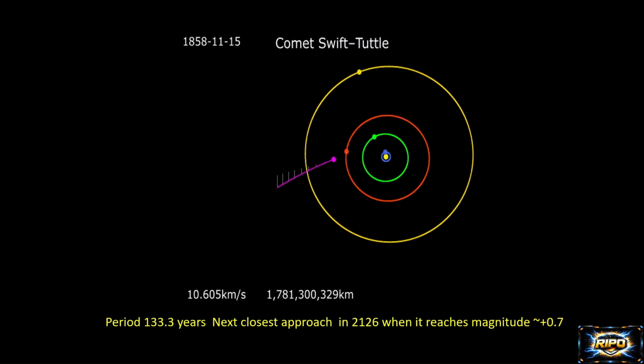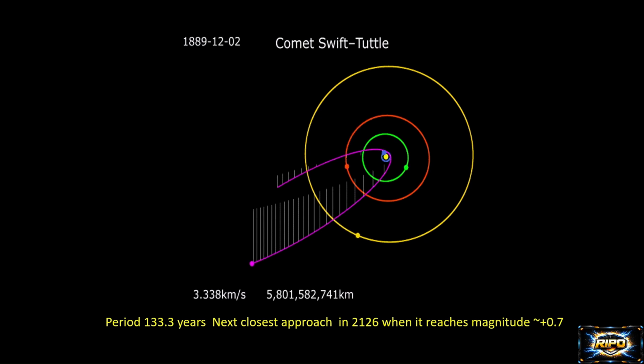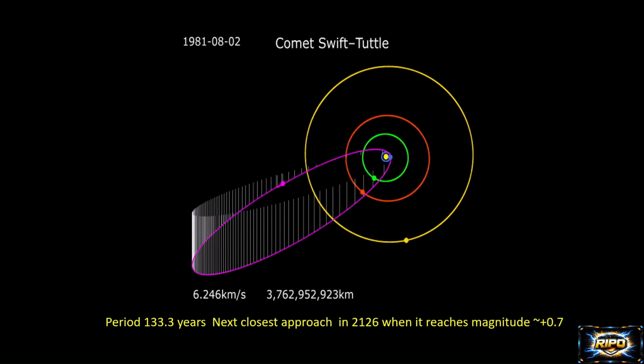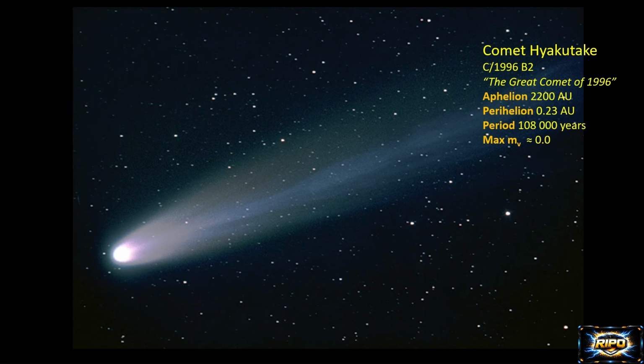If we look at short period comets such as Swift-Tuttle, that's the one that's responsible for the Perseid meteor shower, they tend to be in orbits which lie relatively close to the plane of the Earth's orbit around the Sun, the ecliptic. With long period comets such as the Great Comet of 1996, the situation is a little bit different.